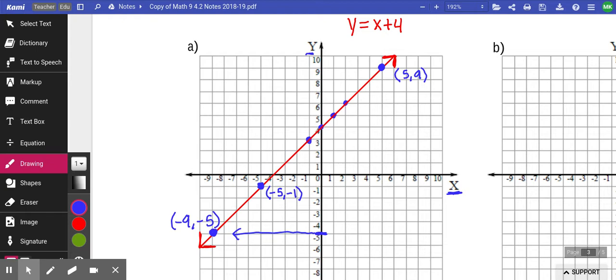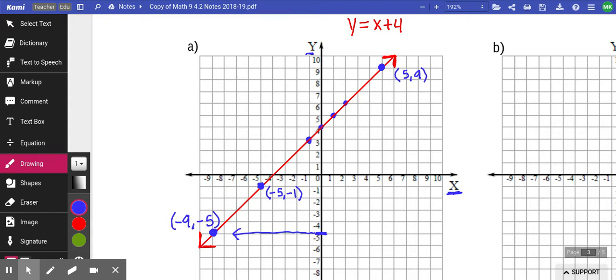That creates a linear pattern, which you then could just look at a graph and read that graph to figure out what your x and your y are. How long would it take to save this much money? When did I spend this? And so on and so forth. But it all comes from being able to take a graph, plot the points, connect the dots, and understand that all three things are related.